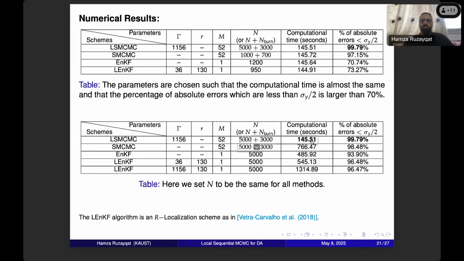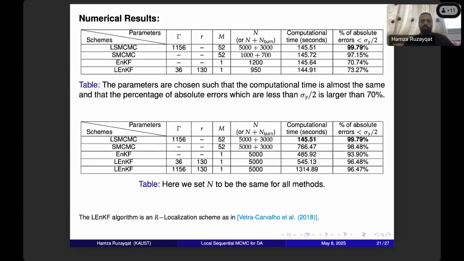For the LSMCMC, it's only 145 seconds to get 99.79% of the errors less than sigma_y over 2, while for the EnKF, it's about 485 seconds to get 93% of the errors less than sigma_y over 2.